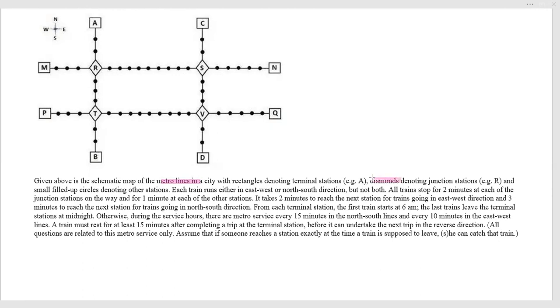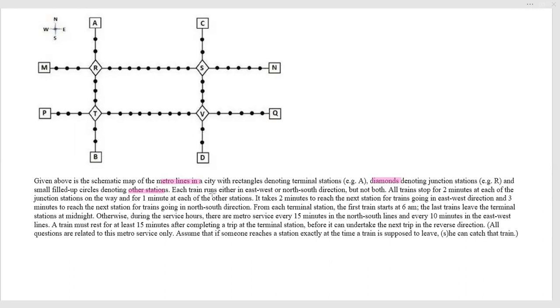There are diamonds denoting the junction stations, that means in between R, S, T, V. These are the junction stations. Small filled-up circles denote other stations. There are three types of stations: terminal stations, junction stations, and other stations.